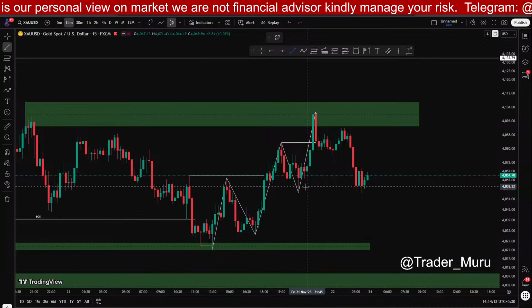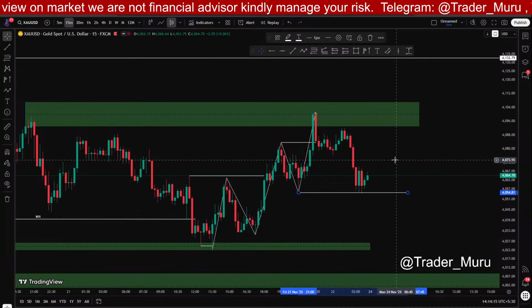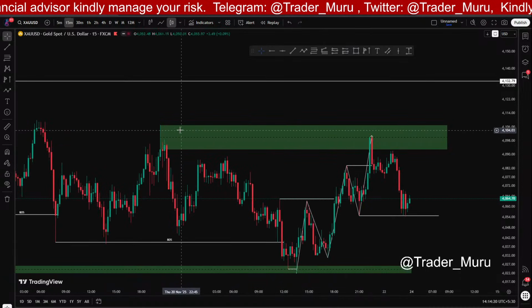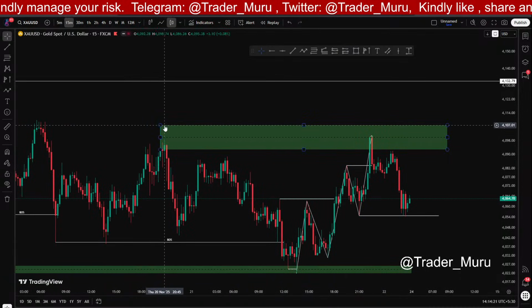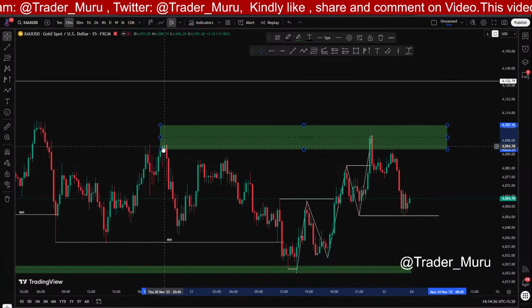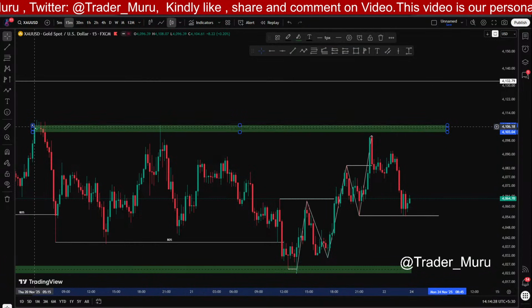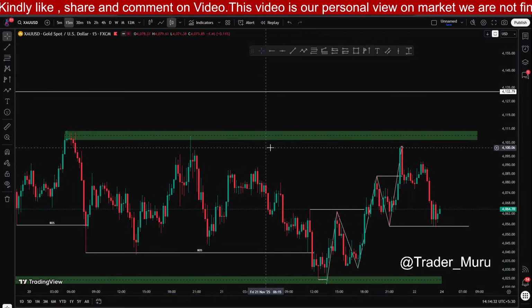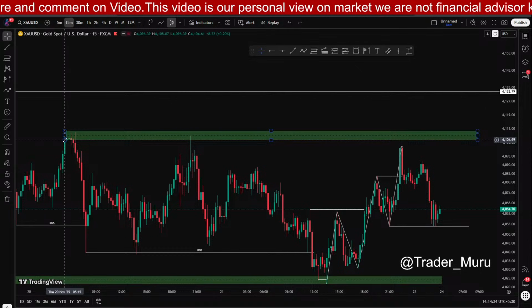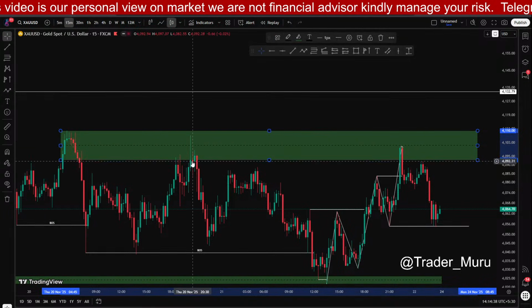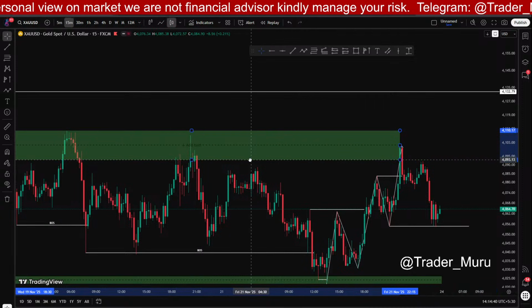So price should hold this low and pump again to break this high and give us a change of character above this zone, and price is at 4107. This is the main resistance right now for gold, which it should break, and it is this big because this is the full rejection area.